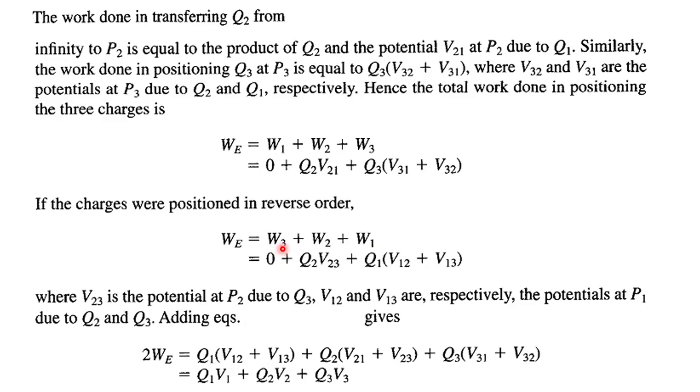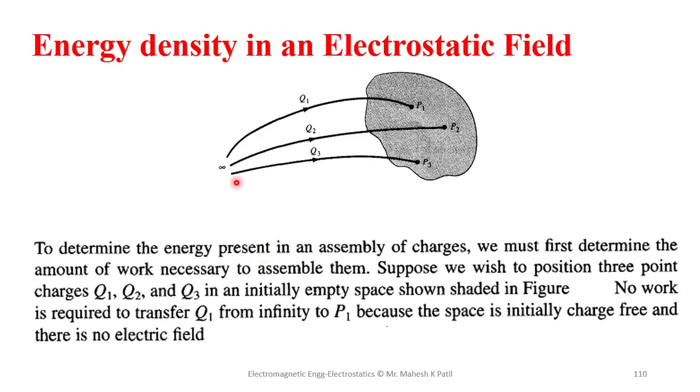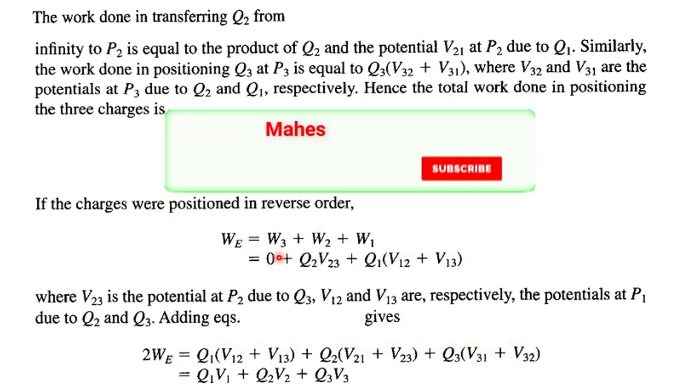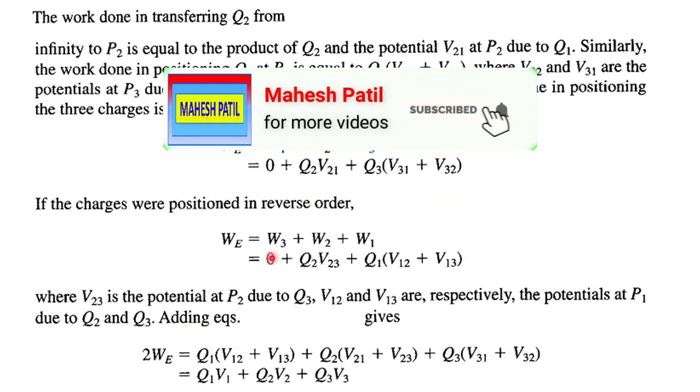So that can be written as, now initially in this case we moved Q3. So Q3 is moved from infinity to P3. So it is chargeless initially. Therefore the work done W3 is equal to 0.